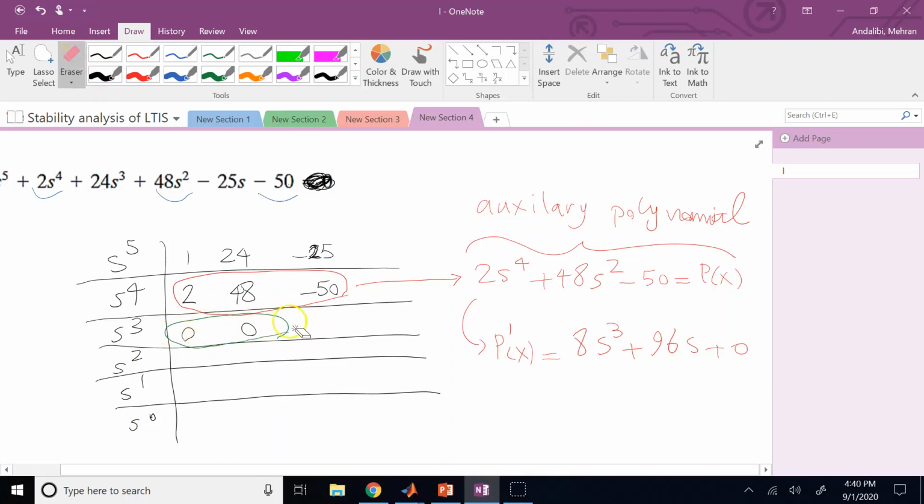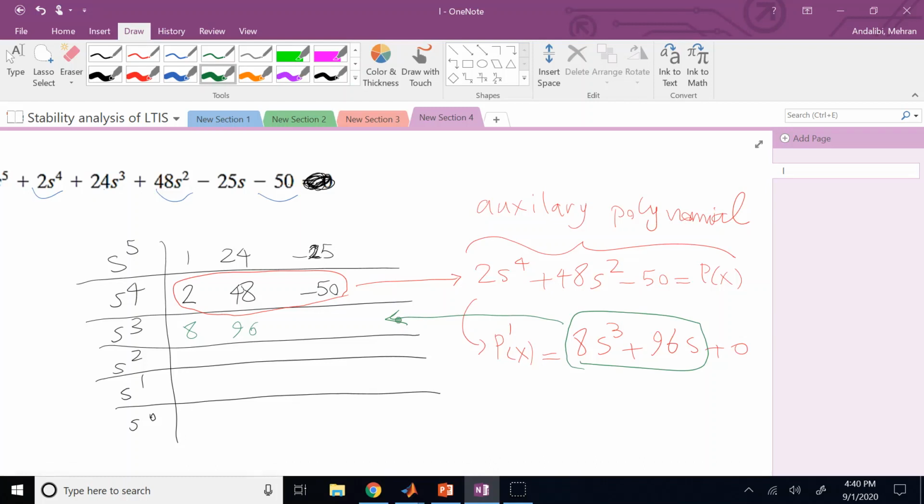So we come here, get rid of this, and we use these coefficients, 8 and 96. We use these guys in here instead. We replace that row of zeros.